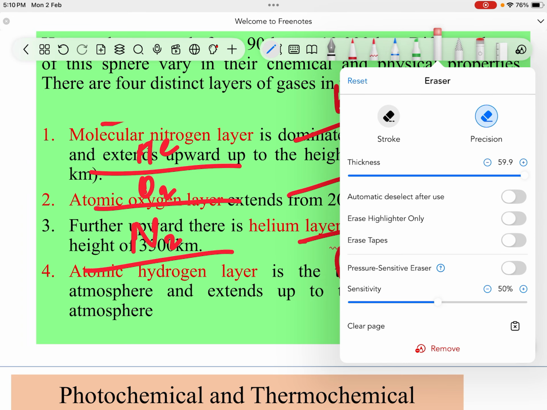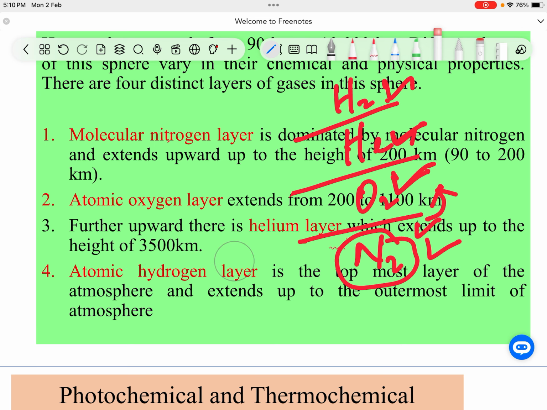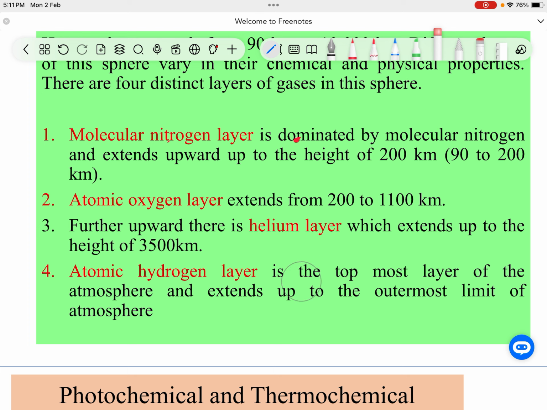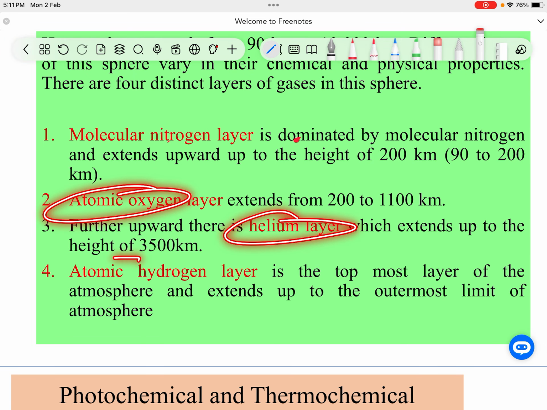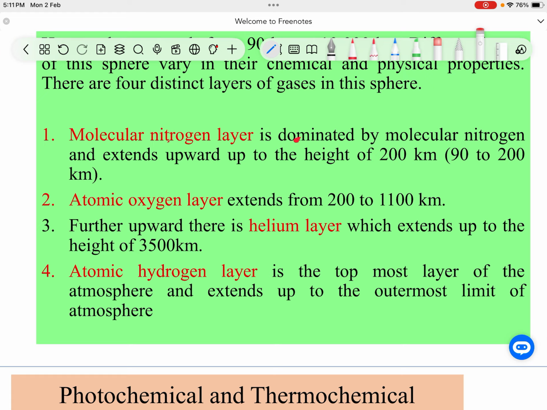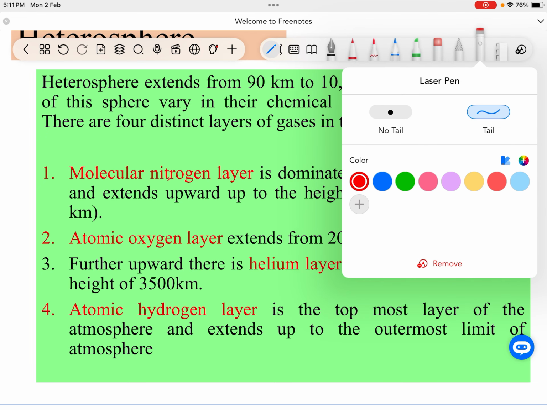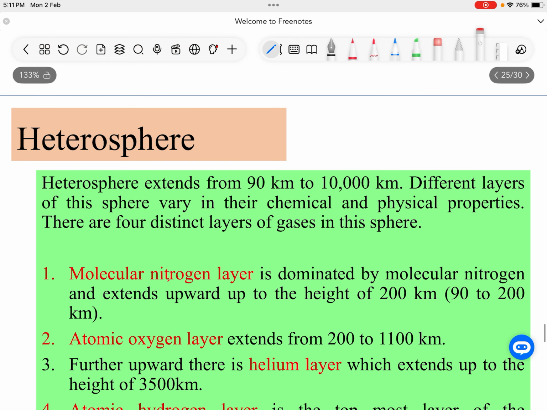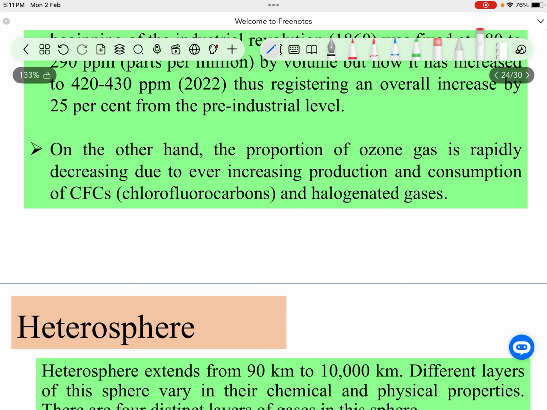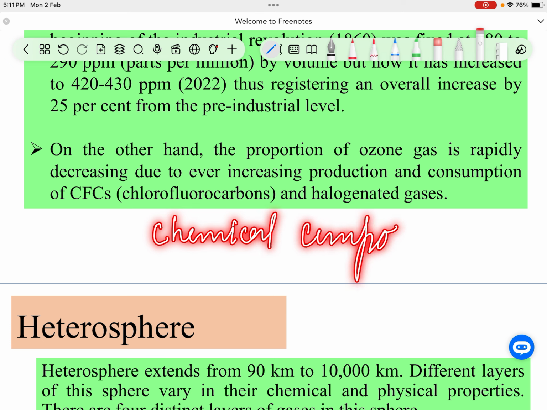These are the different layers of heterosphere, arranged in this sequence based on their weight. So with this we have done with the chemical composition of atmosphere.